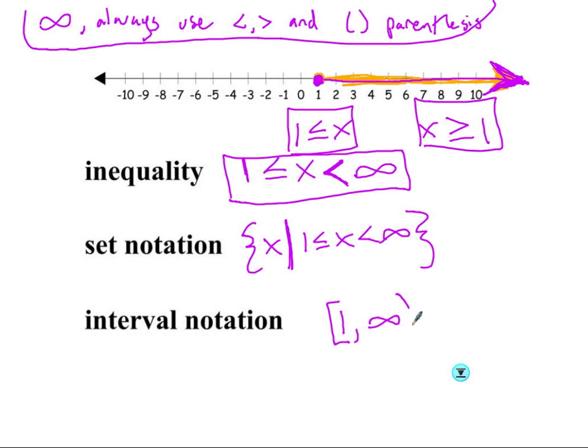So you're always using parentheses with interval notation for infinity. It's never going to be the case where you use a square bracket. That is wrong. So here is our final answer for interval notation, 1, comma, infinity.